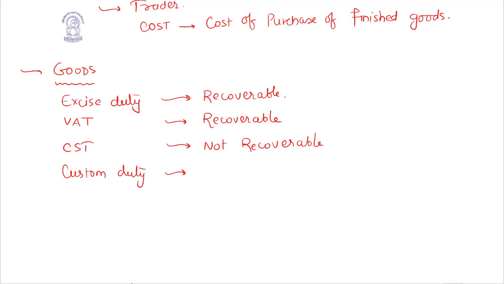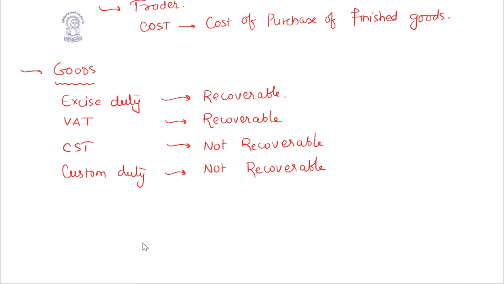But custom duty is a non-recoverable duty. So those duties which are recoverable in nature should not be included in valuation of inventories or calculation of cost of inventories, because they are going to be recovered. But those which are not recoverable should be added while calculating the cost of inventories.